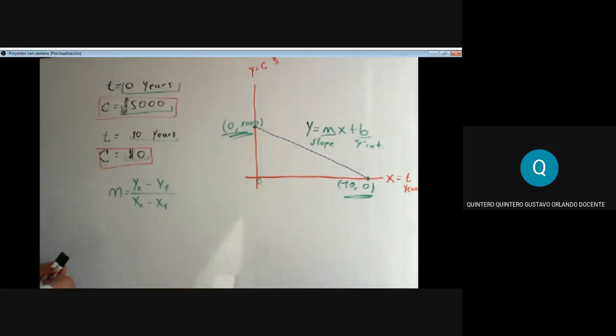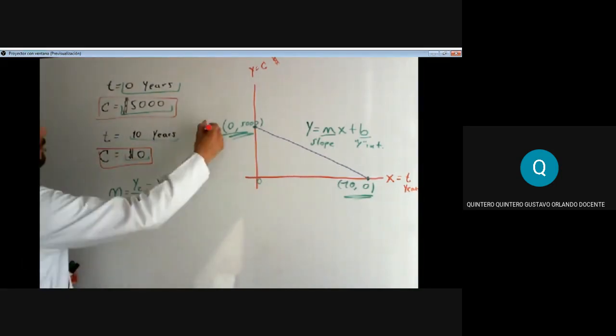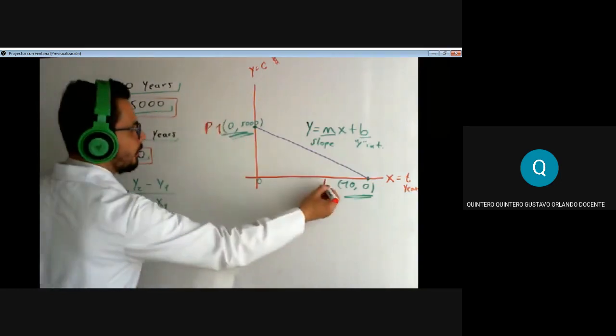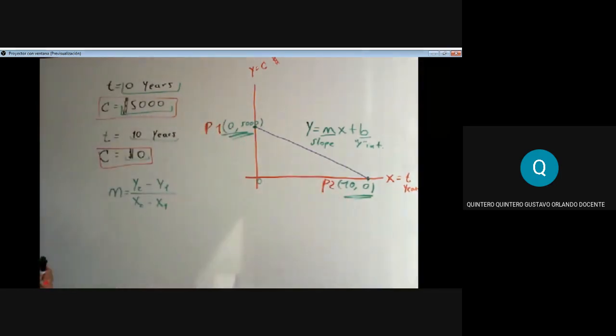All right. So this will be our point 1, and this will be our point 2. Just replace the values and we're gonna get our slope.